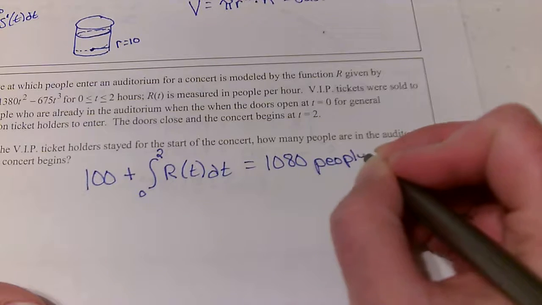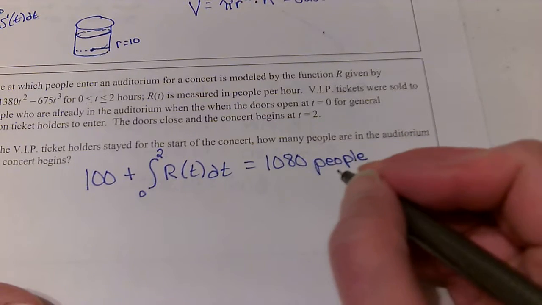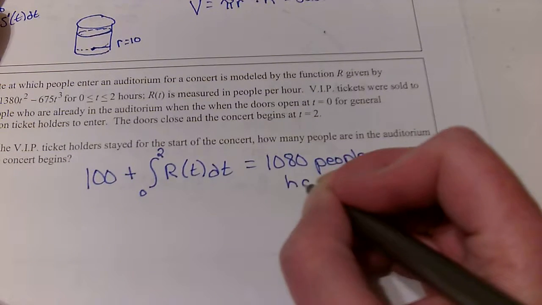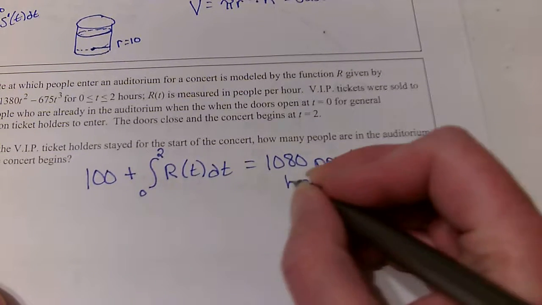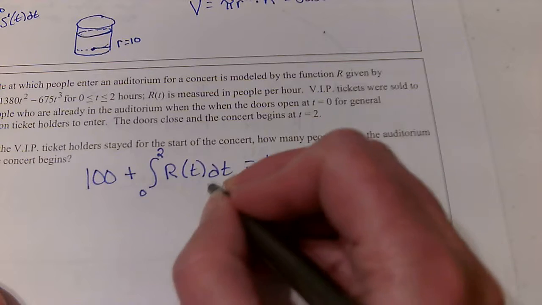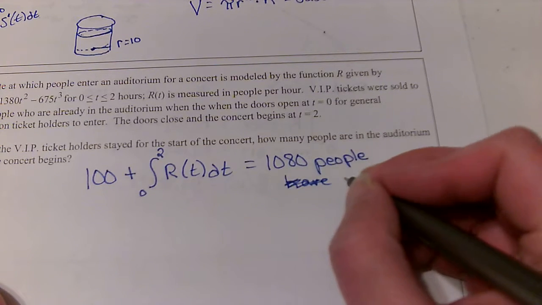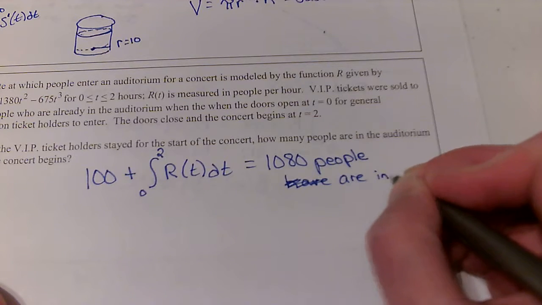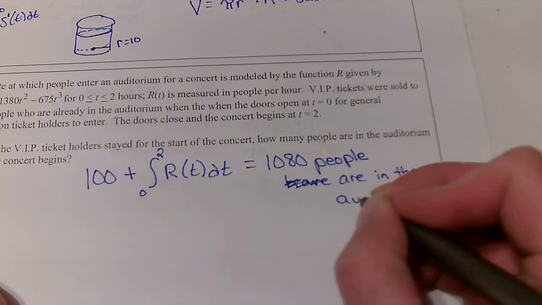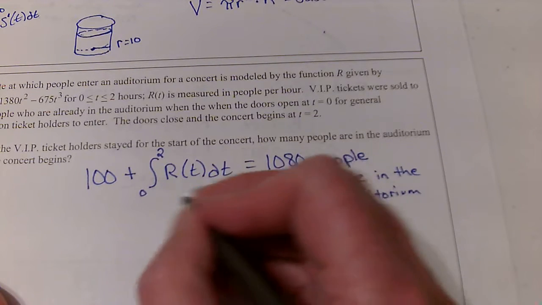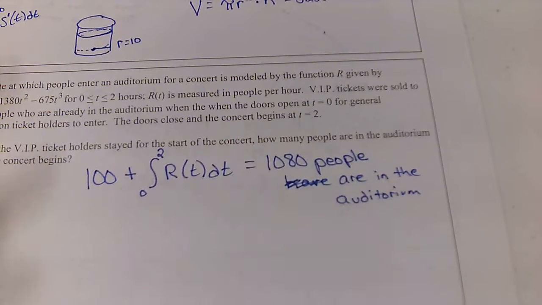And that would be 1080 people have entered, these are the people that entered. These are the people that are already there. So it's 1080 people are in the auditorium. This is how many we've added over those first 2 hours, and these were the people who were already there.